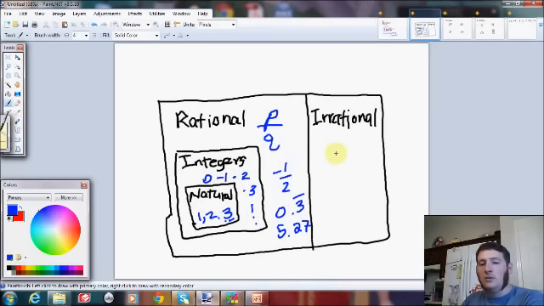Well, again, there's going to be nothing in common here because you can think of these as the not rational numbers. The not rational numbers, and all we can really do right now is throw out some examples.